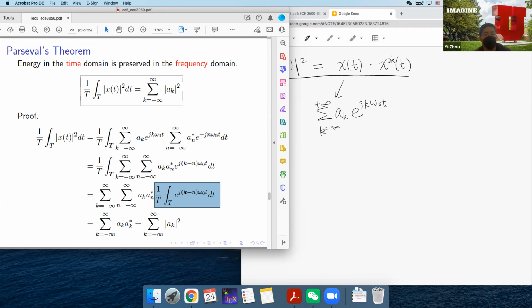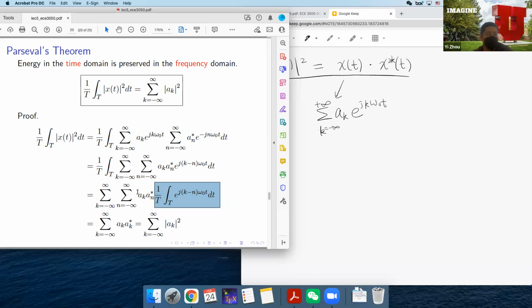Therefore, note that k and n are the indexes in these infinite summations. If they are not equal, this integration is simply 0, because it's the indicator function.